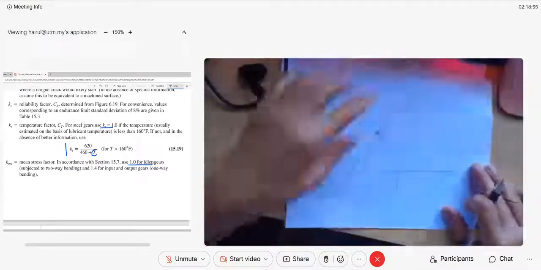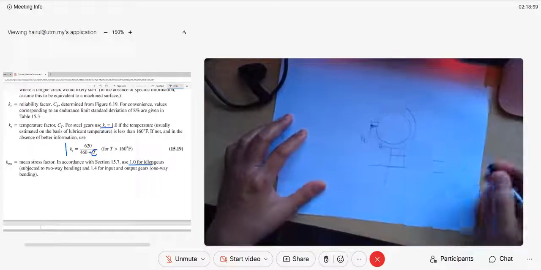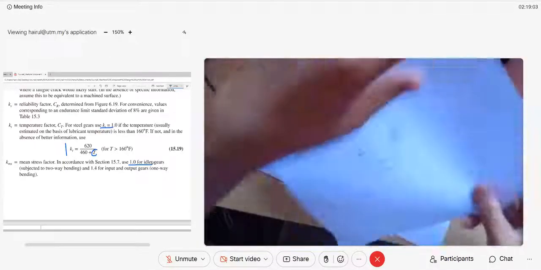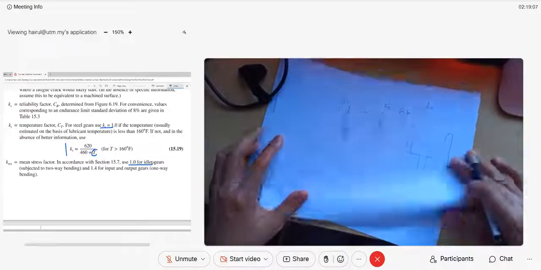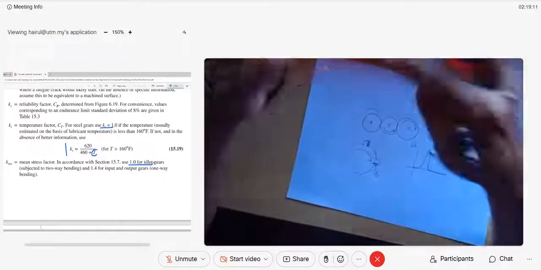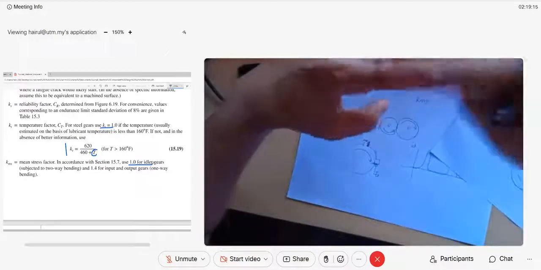But for input and output gear, the mean stress is not 0. For the idler gear, the mean stress is 0 because the tooth has tension and compression, so the mean is 0. But for input gear and output gear, the tooth remains on the same surface, the one which already has impact.